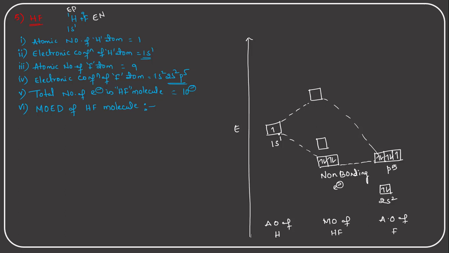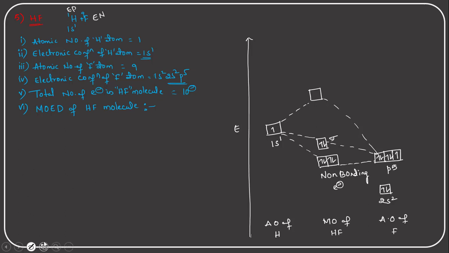And here the merging of these two atomic orbitals will take place, this electron and this electron. So two electrons will be in the bonding orbital. So this will be a sigma bonding that takes place.